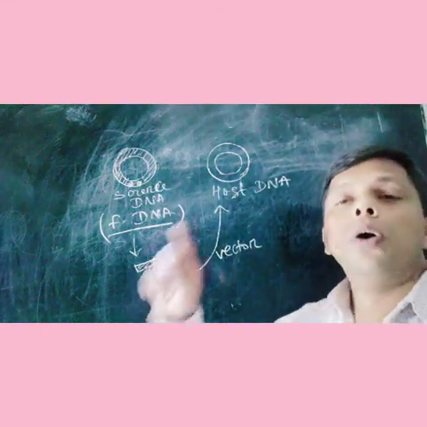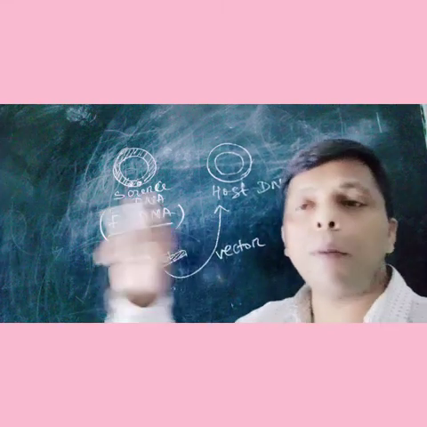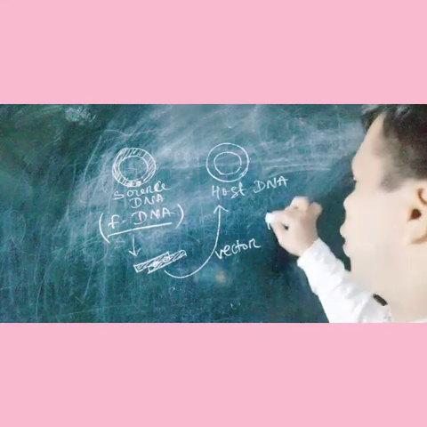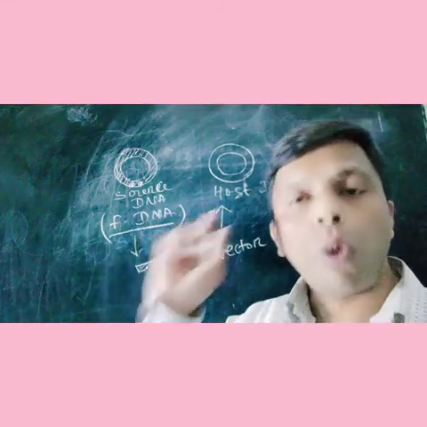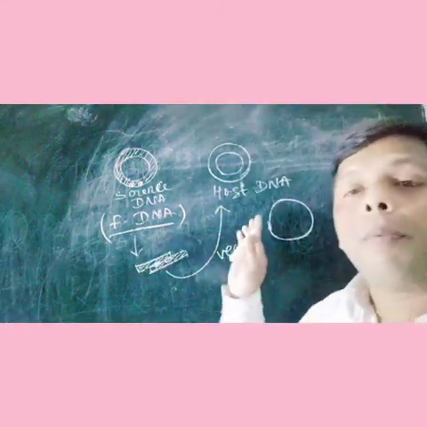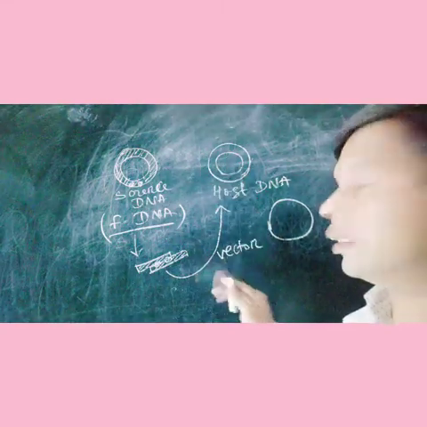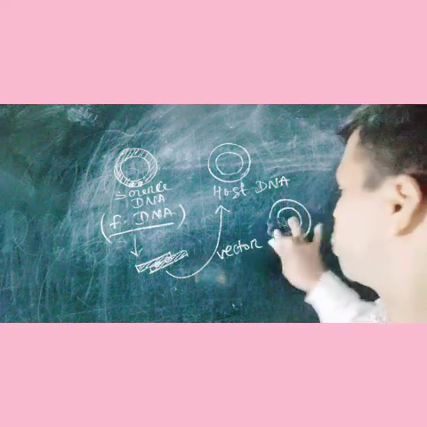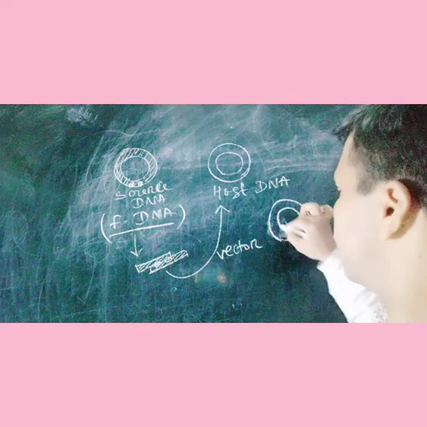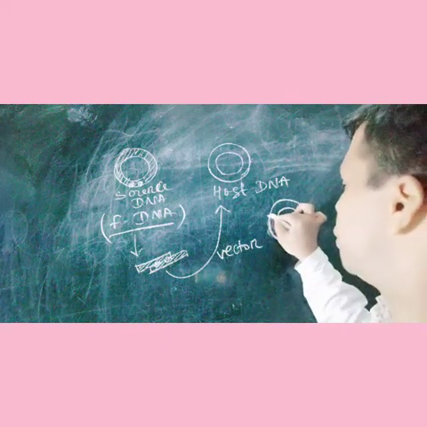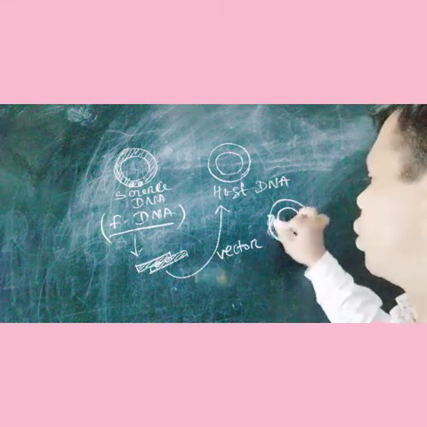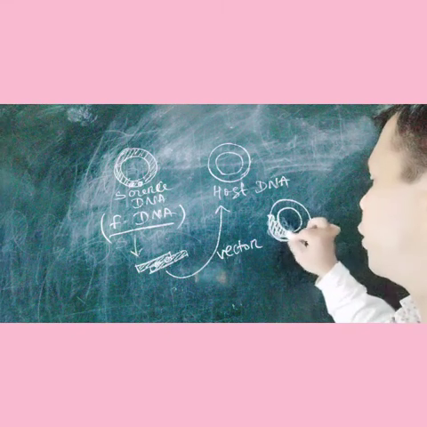When the vector receives this gene of interest, it gets modified. After modification of the host DNA, a different type of DNA is produced. This new DNA carries the gene of interest, meaning the desired gene was successfully implanted into it.